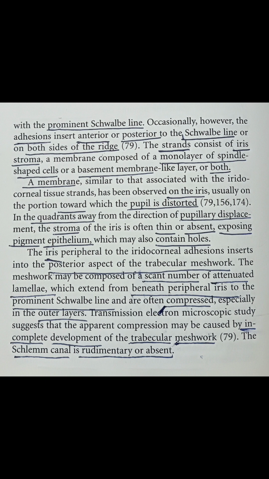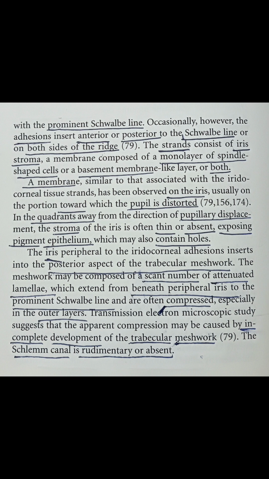In the quadrants away from the direction of pupillary displacement, the stroma of the iris is often thin or absent, exposing pigment epithelium which may also contain holes. The iris, peripheral to the iridocorneal adhesions, inserts into the posterior aspect of the trabecular meshwork.